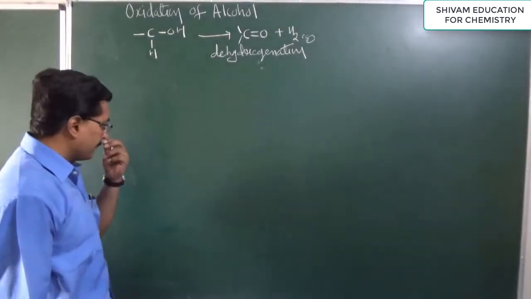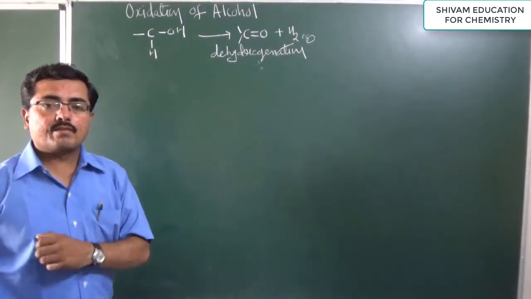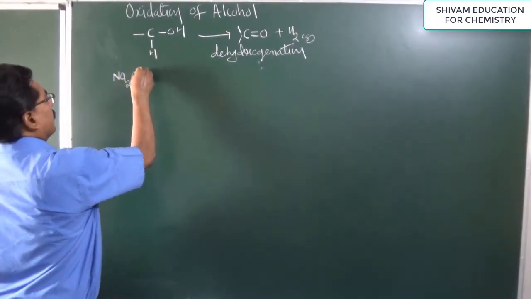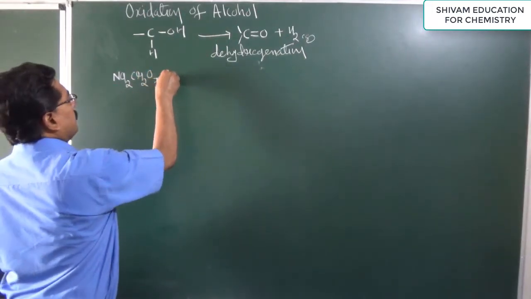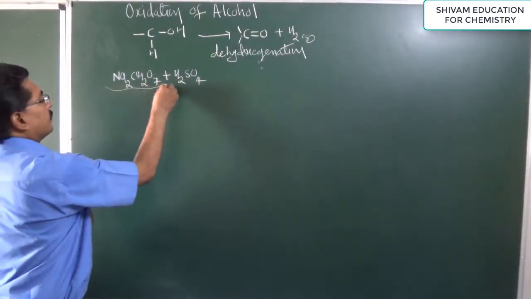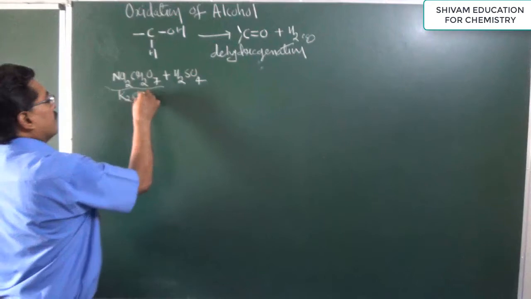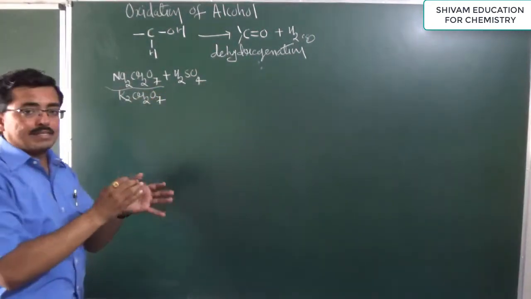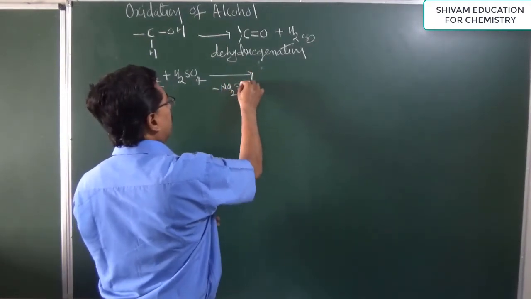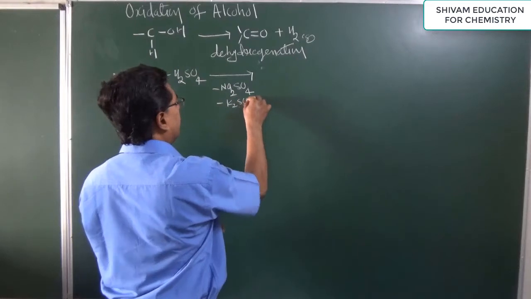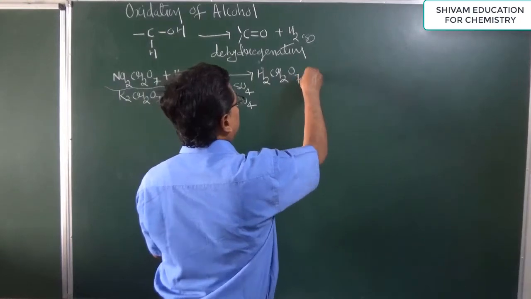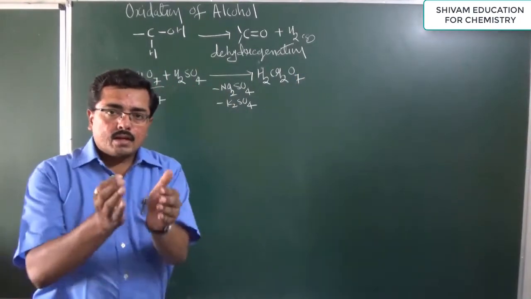Now oxidation can be performed by using a variety of oxidizing agents. Suppose we use sodium dichromate Na2Cr2O7 with sulfuric acid, or one can use potassium dichromate instead. This mixture gives sodium sulfate or potassium sulfate as a byproduct, and we get H2Cr2O7, which is known as dichromic acid.